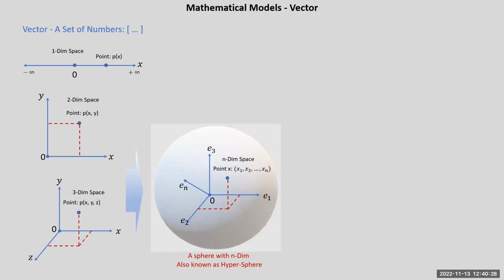If you join the point with origin, it will give the radius r and angle with a plane that will form the direction. So imagination of radius and angle in n-dimension space will be slightly difficult. So one can simplify it by representing it as a column of numbers which are nothing but x1, x2, xn. These are the magnitudes of the point from each axis, and it is represented as a vector.